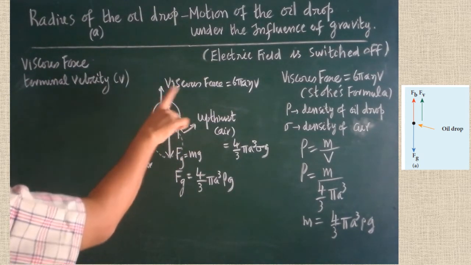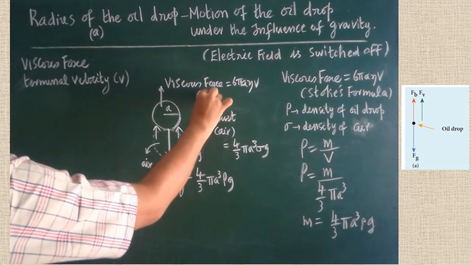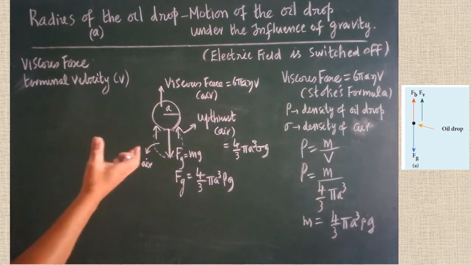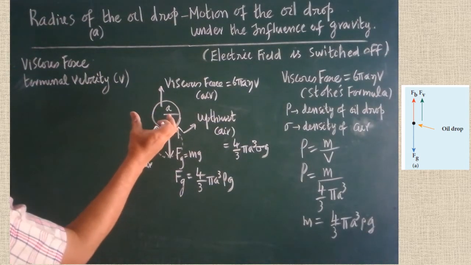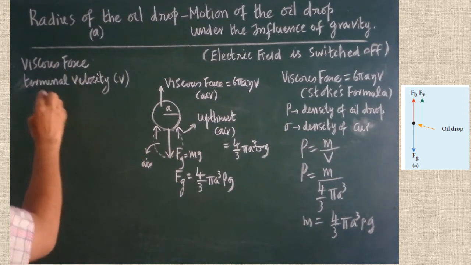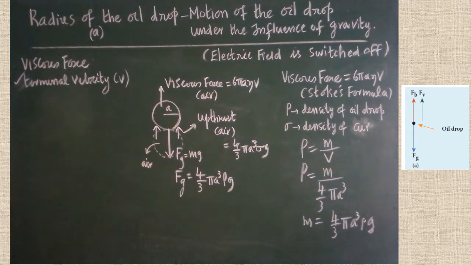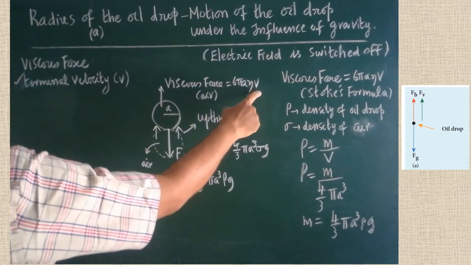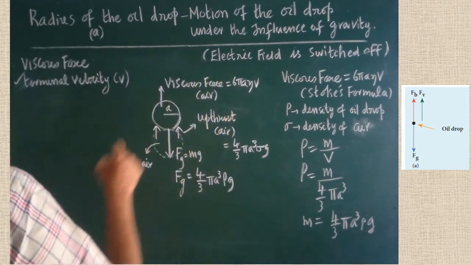Viscous force is also due to air. Because of all these forces, the oil drop will be descending downward with a constant velocity called, what is this? Terminal velocity. This formula, 6 pi a eta v, is called Stokes formula.